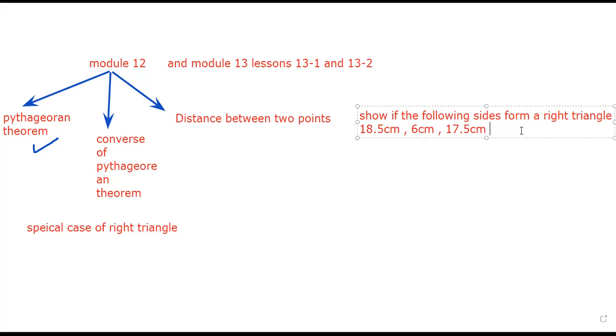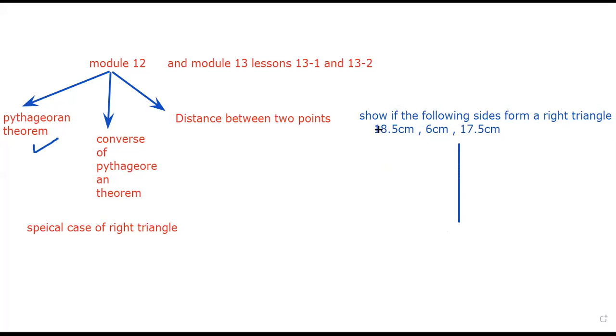Show if the following sides form a right triangle. Is there anyone who can tell me what is the first step we have to do? Pick the two legs and leave the longest side. Yes, pick the two legs on one side and we find the longest side on the other. I will divide it into two parts like this.